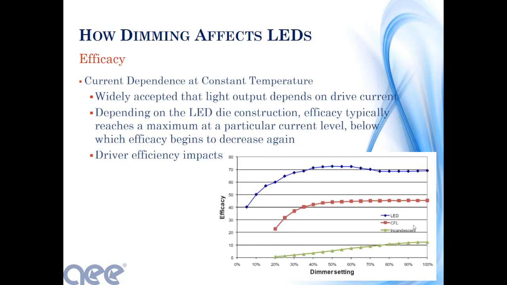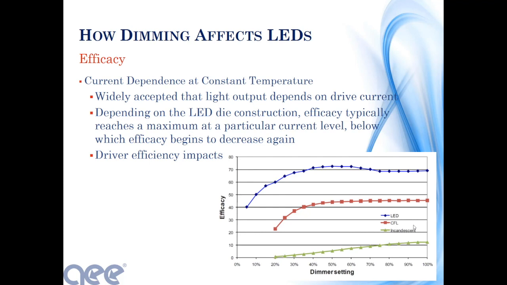Now, if you are changing your current and keeping the temperature constant, remember, LEDs respond to the current that you give it. And so, remember 350 milliamps is the typical current you expect to drive an LED at, but then people start driving them at 700 milliamps, and you see some driven at 1.5 amps, and so on and so on.